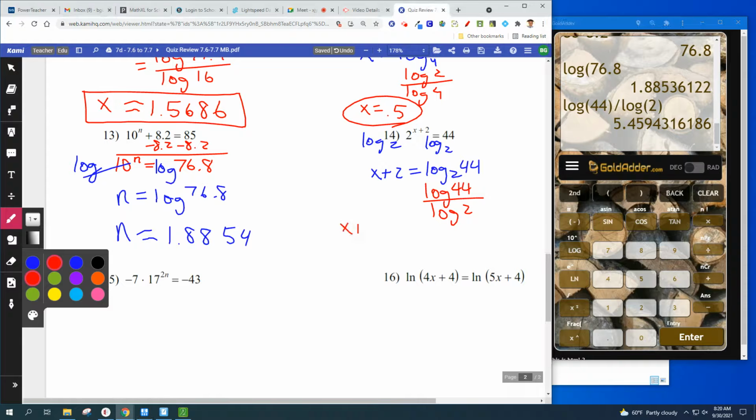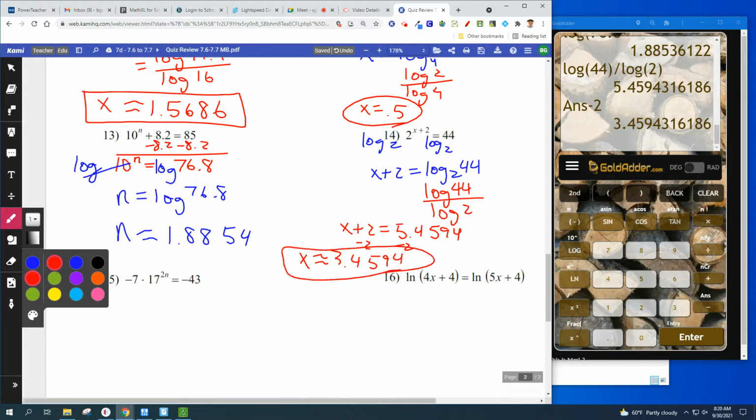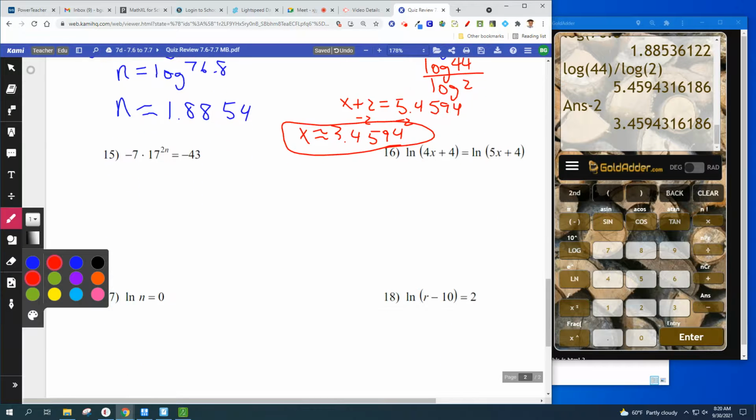So I've got x plus 2 equals 5.4594. Last step, subtract 2. X is about 3.4594. Okay.